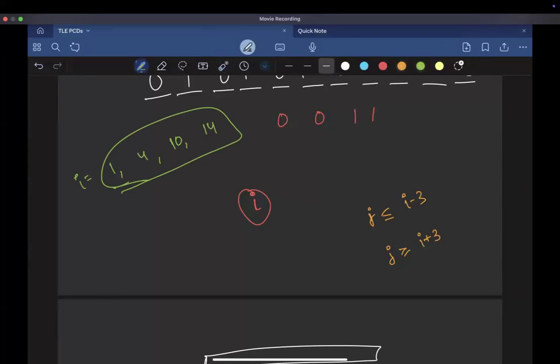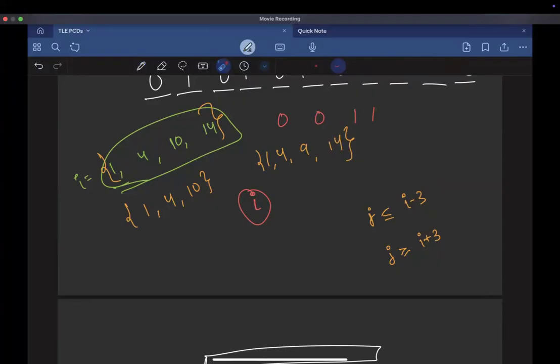On the other hand, if I chose any other subset of indices, then the strings generated by the two subsets would be different. So if I had chosen 1, 4, and 10 only, or 1, 4, 9, and 14 or 13 or whatever, in those cases the resultant strings at the end of the day would be different.